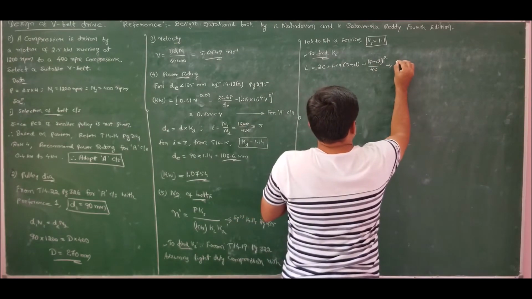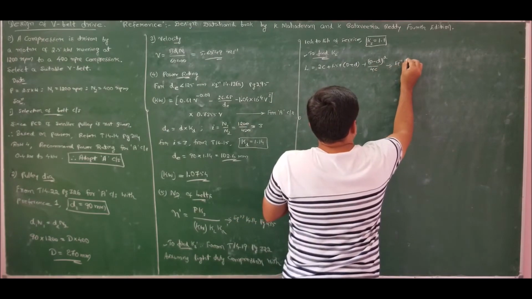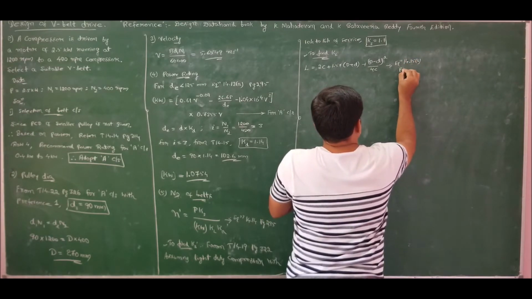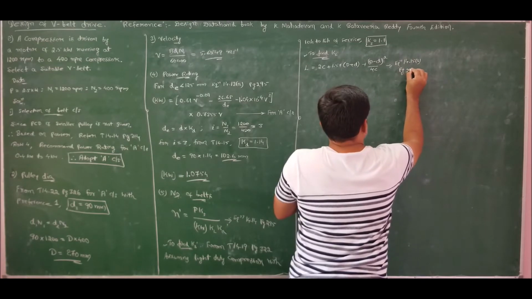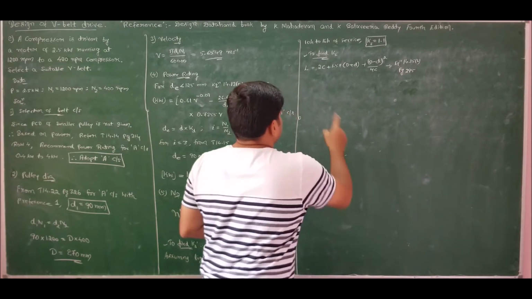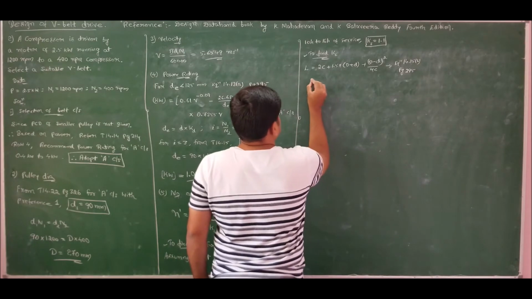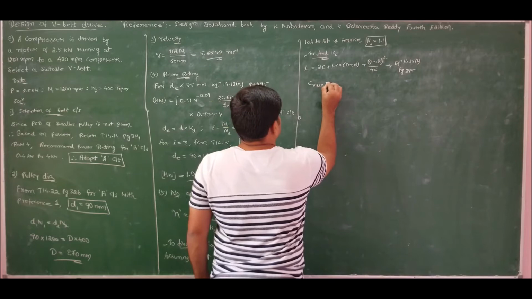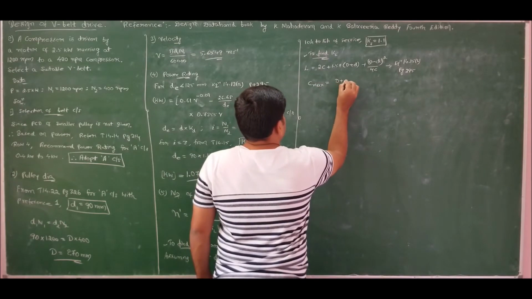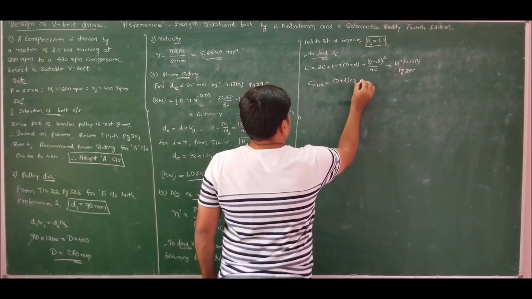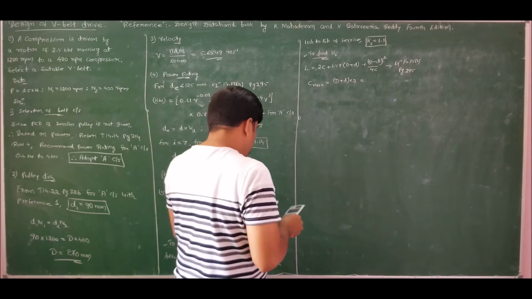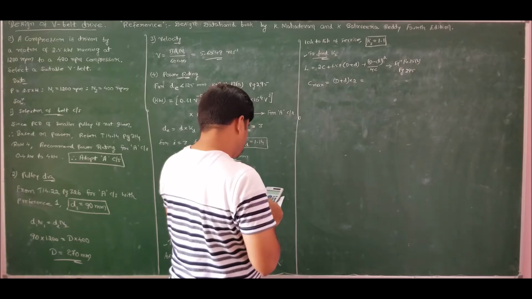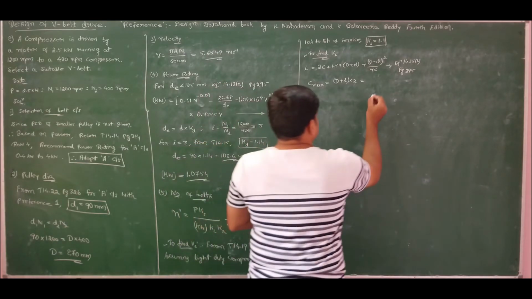So this is equation 14.15b, referring to page 295. Now we don't know the value of center distance. Since center distance is not known, I should find C max, which is nothing but (D plus d) into 2, which is turning out to be (270 plus 90) into 2, which is 720 mm.